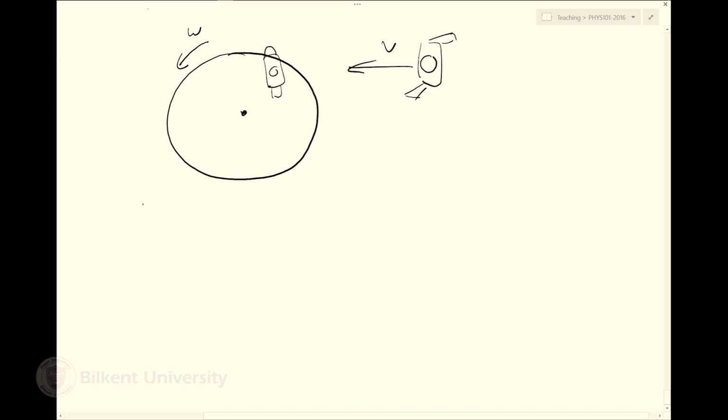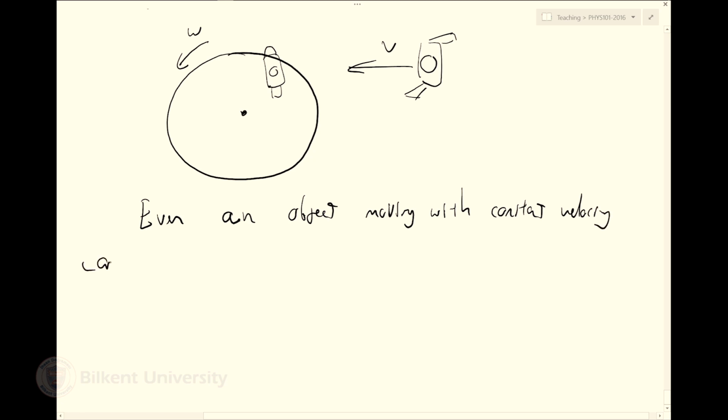So even an object moving with constant velocity can carry angular momentum.